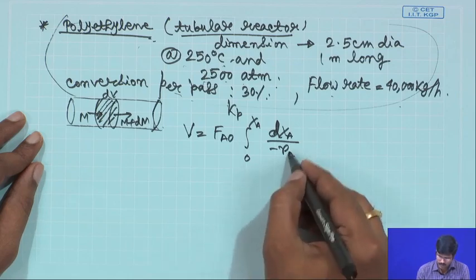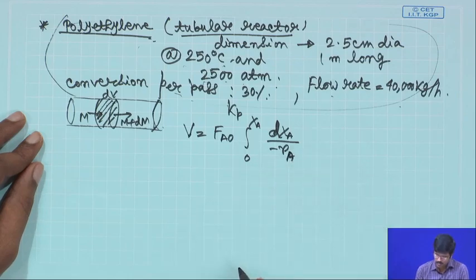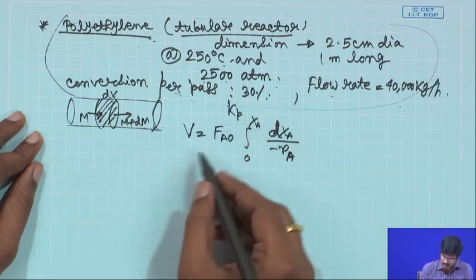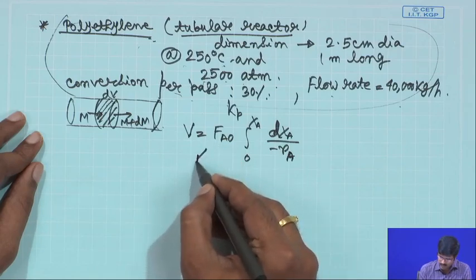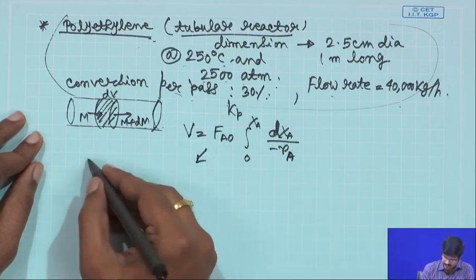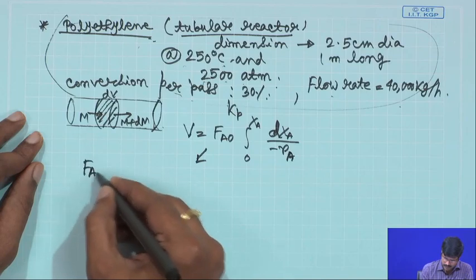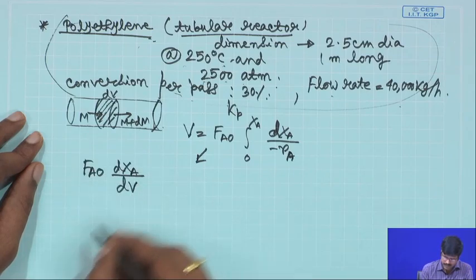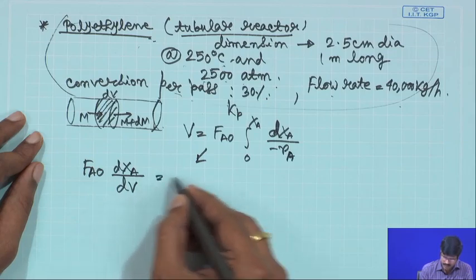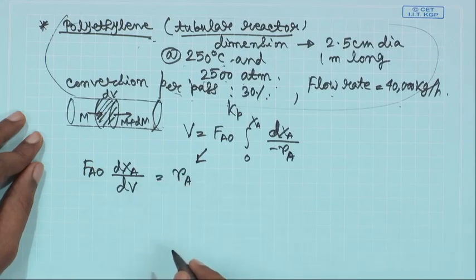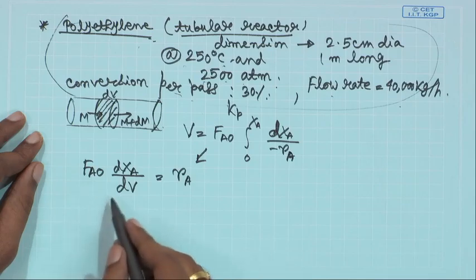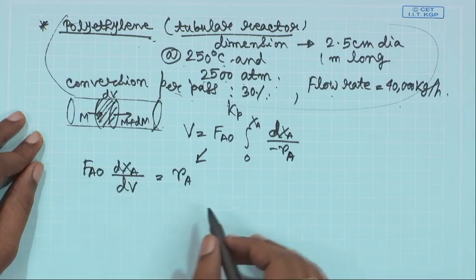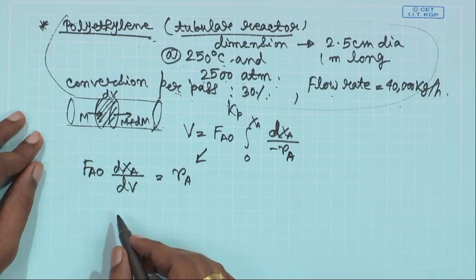Okay. So, from here what you can actually write down is the following: Fa0 dxa dV is equals to Ra.